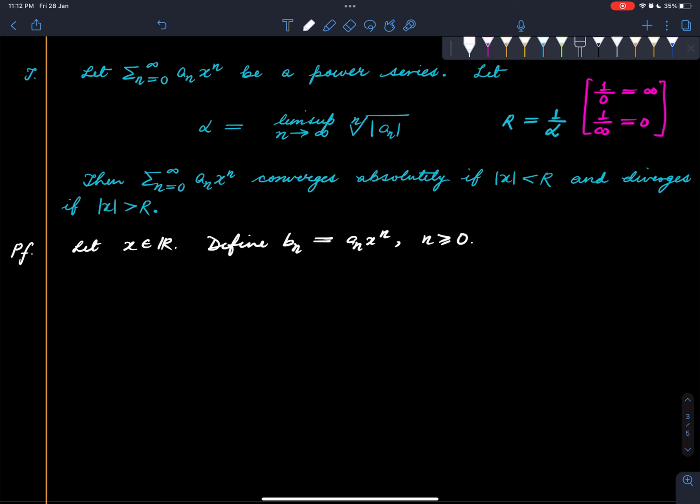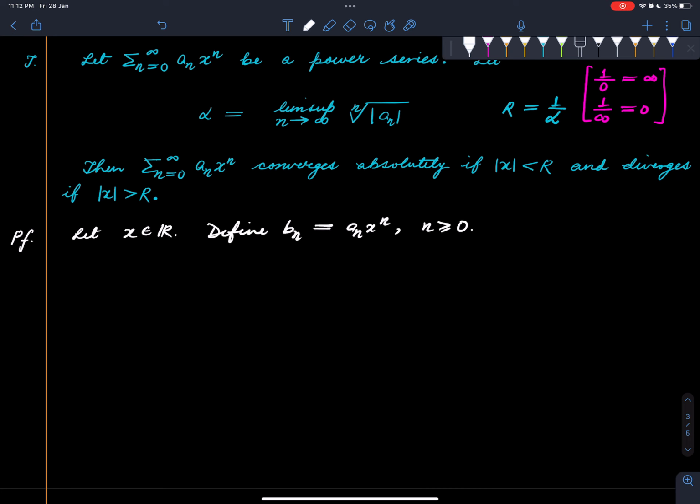So for each n we have that guy. Then the lim sup of this, as you can easily see, is this thing.